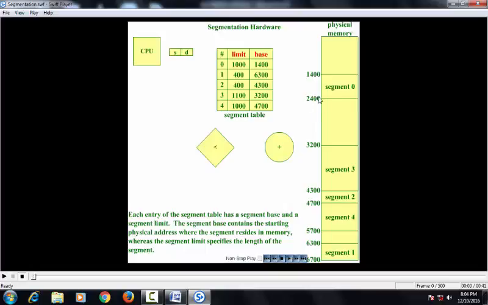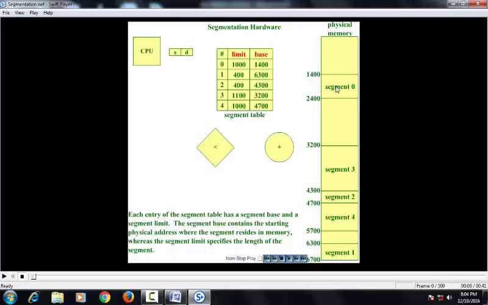Now if you subtract the lower limit from the upper limit, you will get the limit of segment 0. How many lines are contained by segment 0? 2400 minus 1400, the difference is 1000. So we can say segment 0 contains 1000 lines of code.